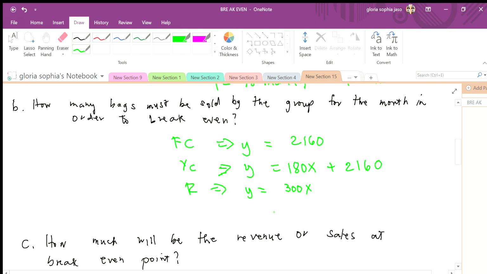To solve for it, equate the total revenue to total cost.